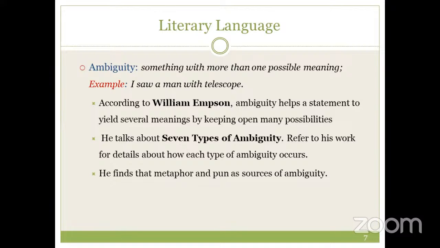These kinds of short answer questions have come in examinations in the past. If you pay a little attention, you will be able to write about them. Ambiguity means something with more than one possible meaning. Example: I saw a man with a telescope. What do you understand by this?